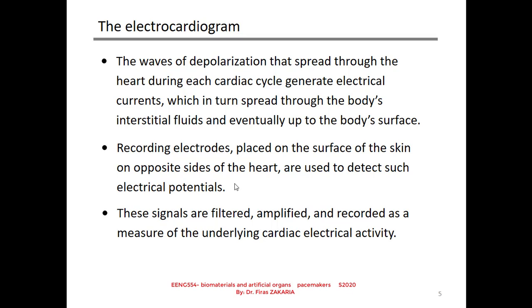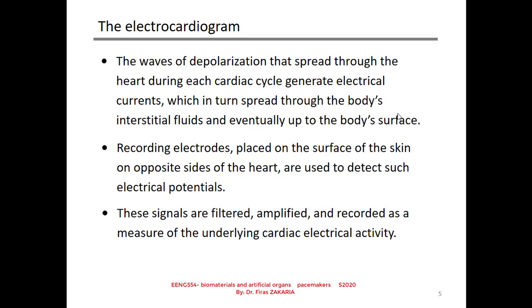Then the waves of depolarization that spread through the heart during each cardiac cycle generate electrical currents. Electrical currents spread through the body's interstitial fluids and eventually up to the body's surface. And on the body's surface we can use electrodes.